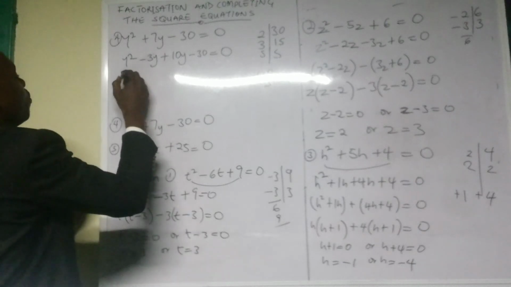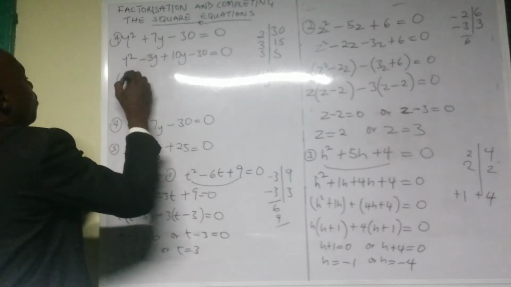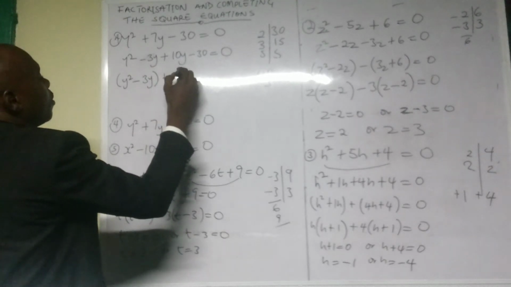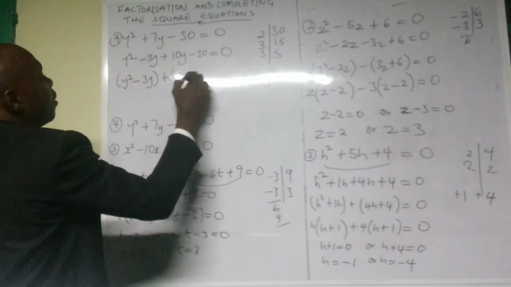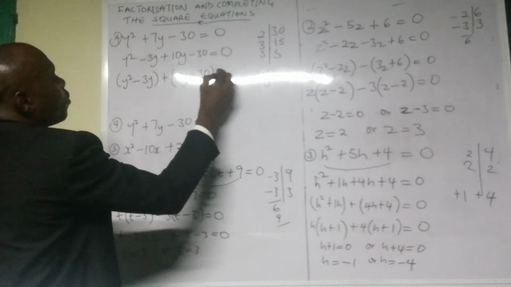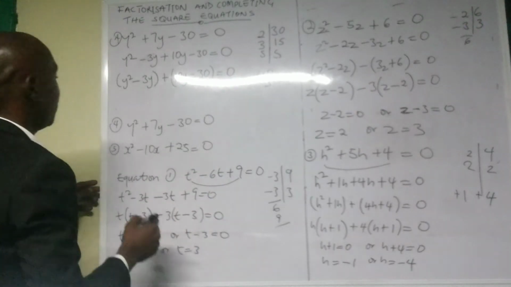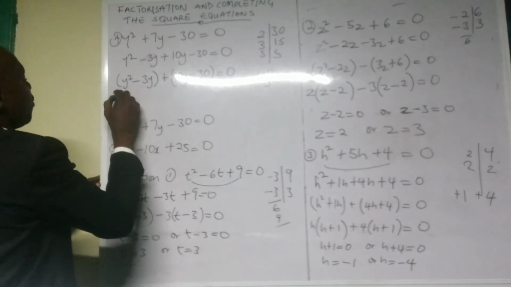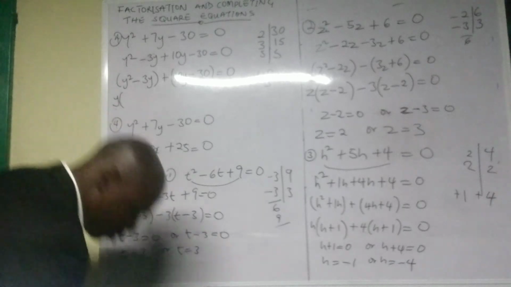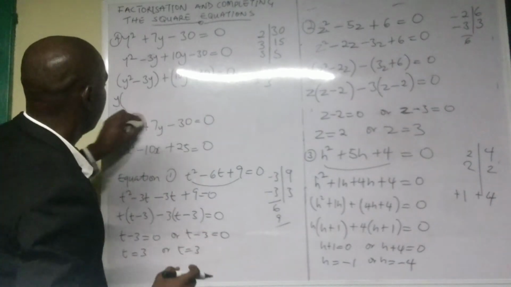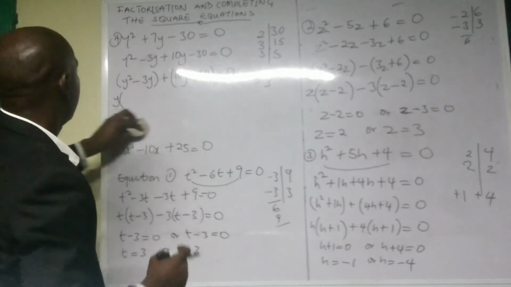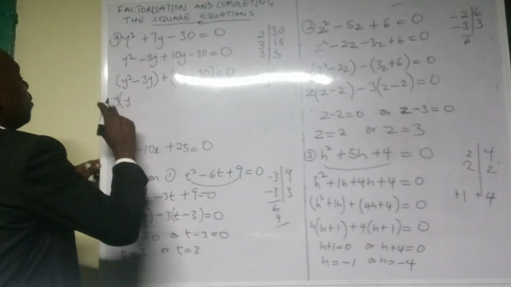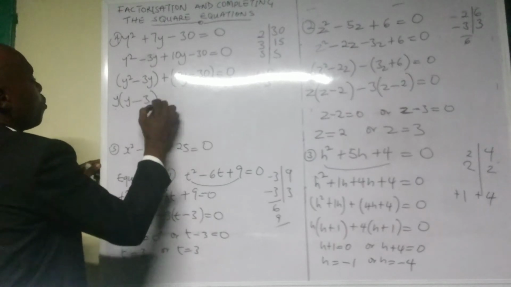So from here we close the bracket. y squared minus 3y, close the bracket, plus 10y minus 30 equals 0. Then we move further. We bring y outside. y can go in here, remaining y, y divided by remaining 3. So close the bracket.